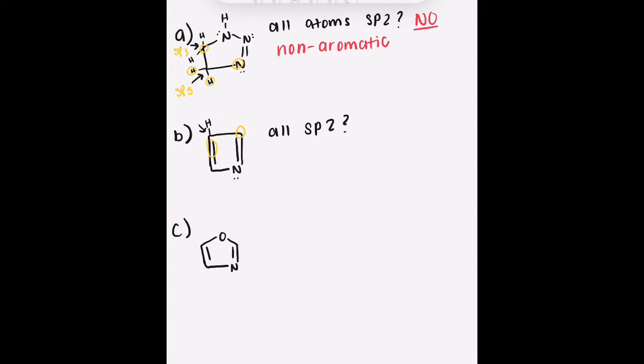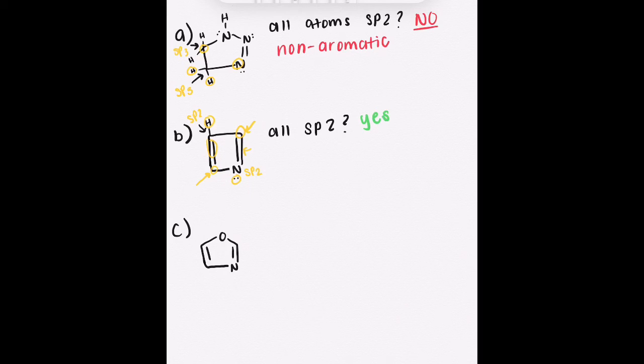Therefore, connected to three things, it is sp2 hybridized. The same goes for this carbon and this carbon. Anytime a carbon is connected to a double bond, usually that will be sp2 hybridized. Now this nitrogen is also connected to a double bond, a carbon, and a lone pair, so that is also sp2.